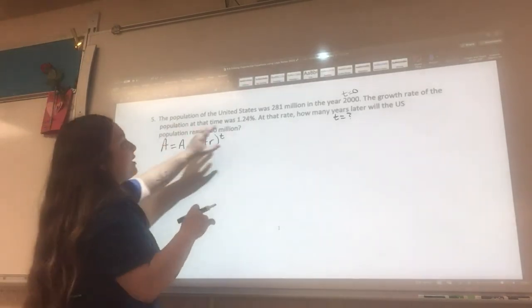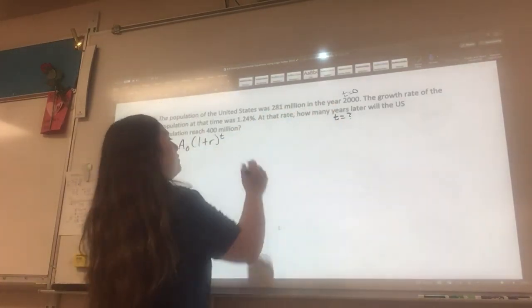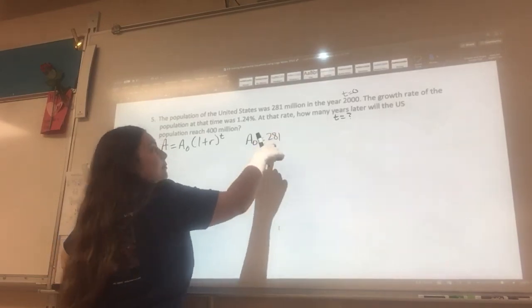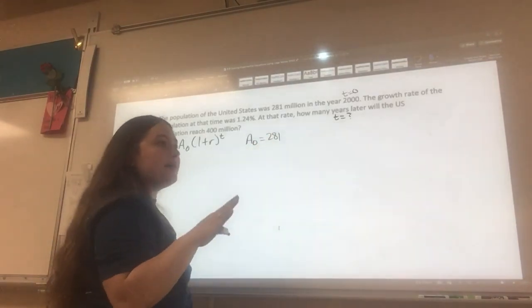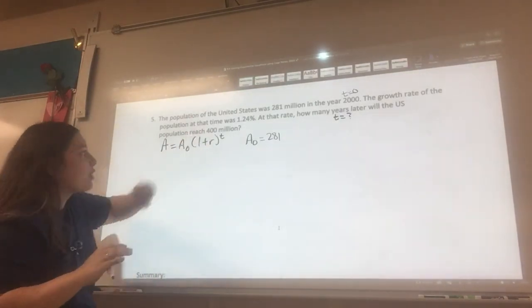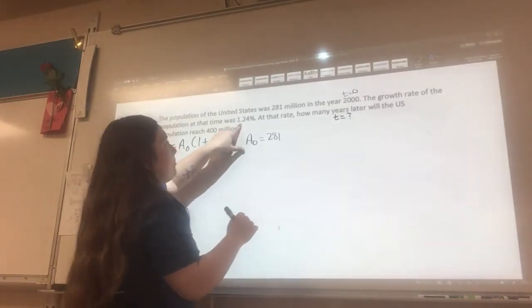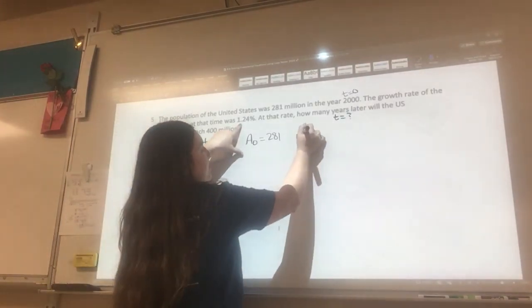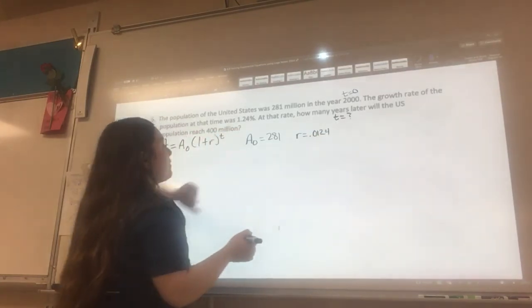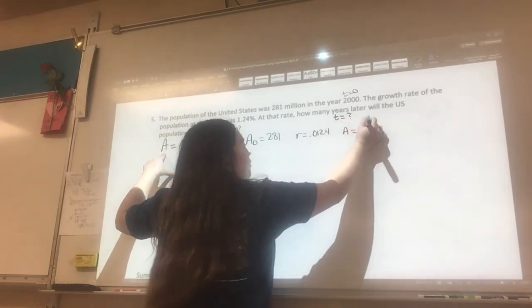Well, we were given 281 for our beginning, so our initial population, A naught, equals 281. I'm going to keep it at 281 because it's the same thing. You'll be all right. It's going to cancel out all the zeros because we're trying to reach 400. We also have a rate of 1.24%, which means our rate is actually 0.0124. And then we're trying to get to the amount of 400 million.